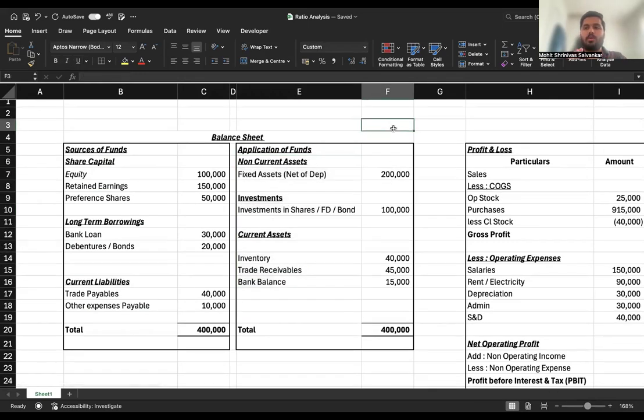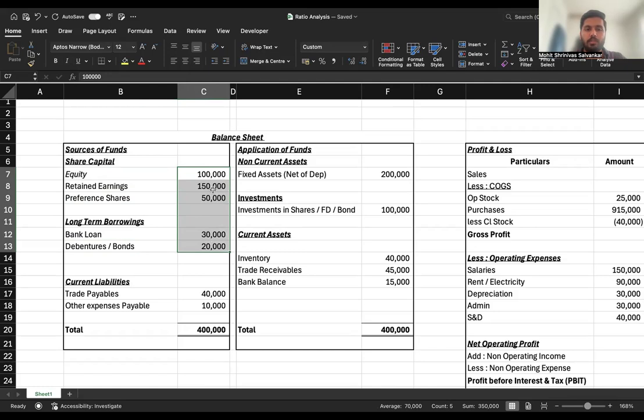So let's look at it as a story. Initially the company is incorporated and equity shareholders infuse their funds as share capital. We take some funds from preference shareholders as well. Then we go to the bank and borrow funds from the bank as well. Then we issue debentures and borrow funds from debentures as well. So these are the amounts which we have taken from somewhere, either the shareholders or external lenders.